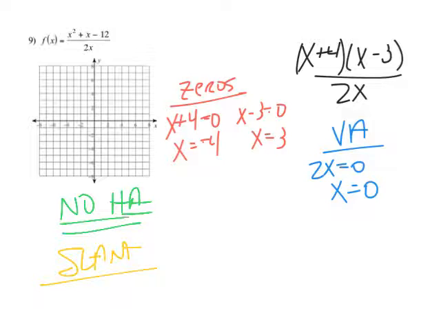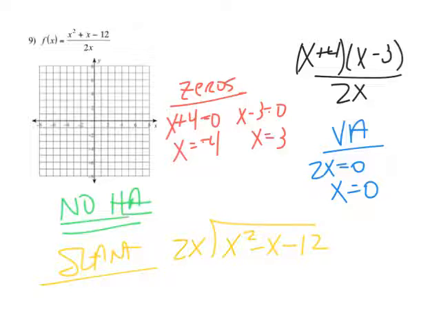And there are a couple ways you can find that slant asymptote. I'm actually just going to do a real quick long division, x squared minus x minus 12. All right, so when I'm doing this, sorry guys, 2x goes into x squared. Well, technically it would be an x, right?